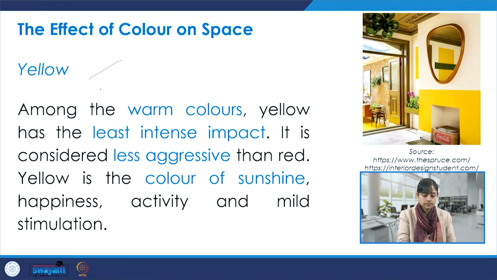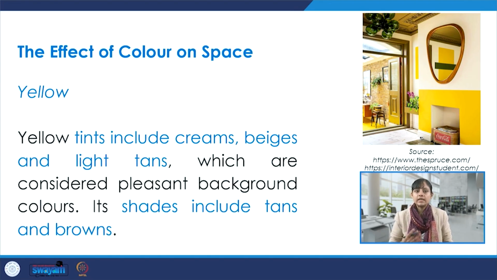Looking at yellow, among the warm colors, yellow has the least intense impact. It is considered less aggressive than red. It is the color of sunshine, happiness, activity, and mild stimulation. The yellow tints include creams, beiges, and light tans, which are considered pleasant background colors.